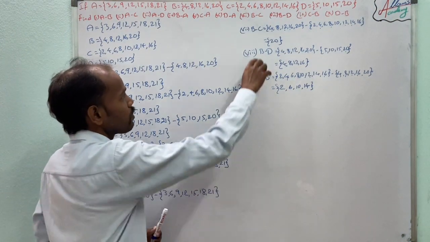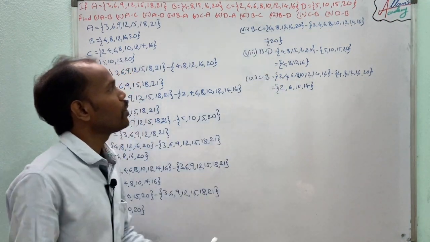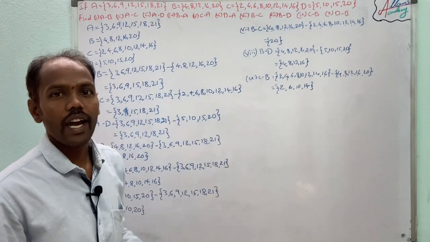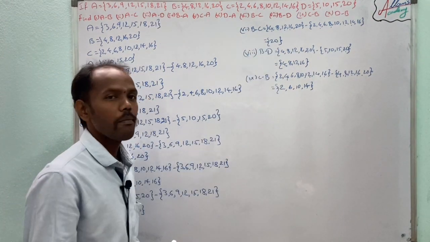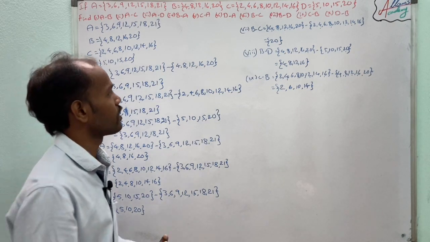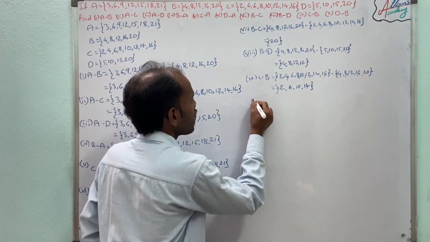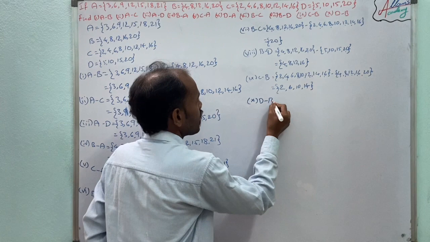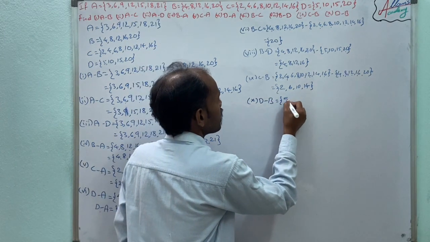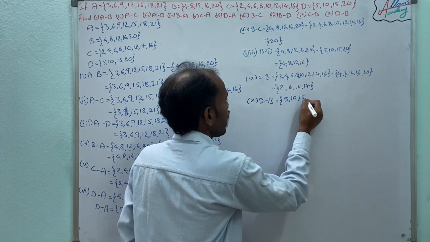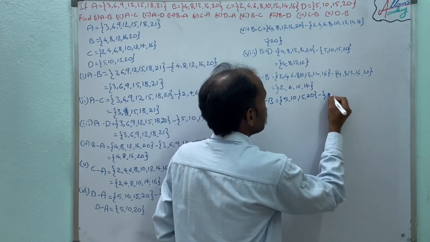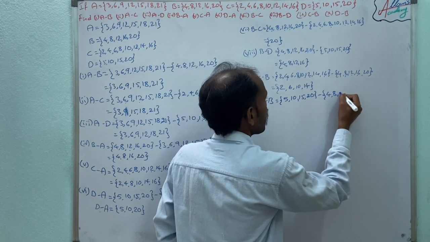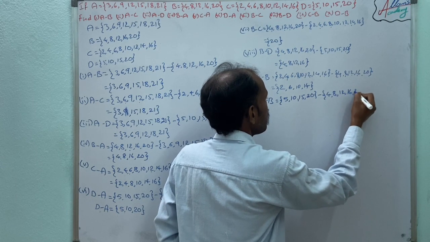Now we observed that B minus C and C minus B do not have the same answers. So we can conclude B minus C is not equal to C minus B. And the remaining one, D minus B: D is the set with the elements 5, 10, 15, 20, and the set B is 4, 8, 12, 16, 20.